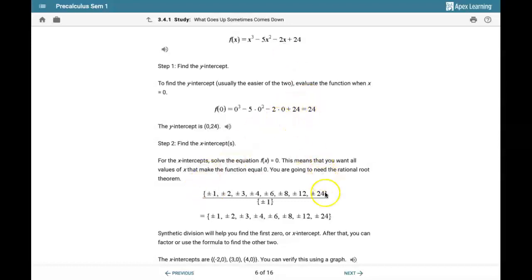So we've got 1 times 24, 2 times 12, 3 and 8, 4 and 6. We take plus or minus all of those factors over the factors of our leading coefficient, and that's a 1, so that makes it easy. It's plus or minus 1, and again, that gets simplified if we can.